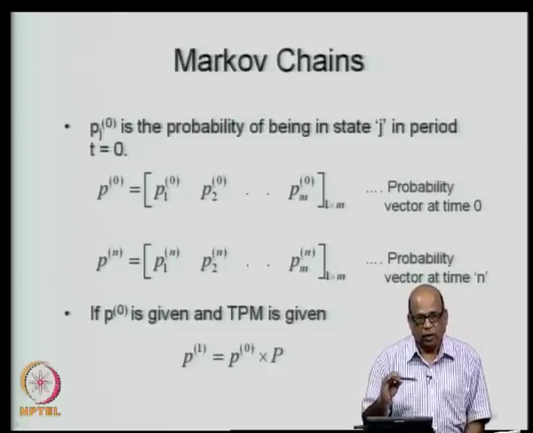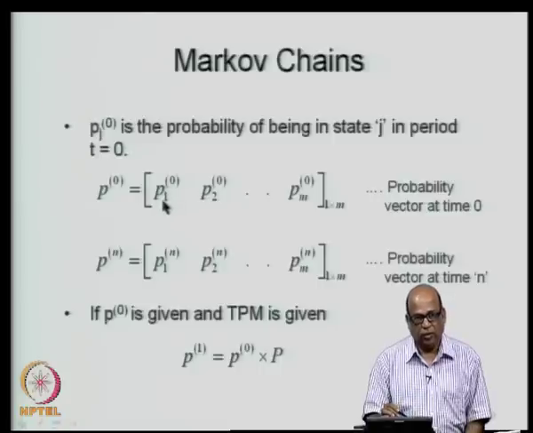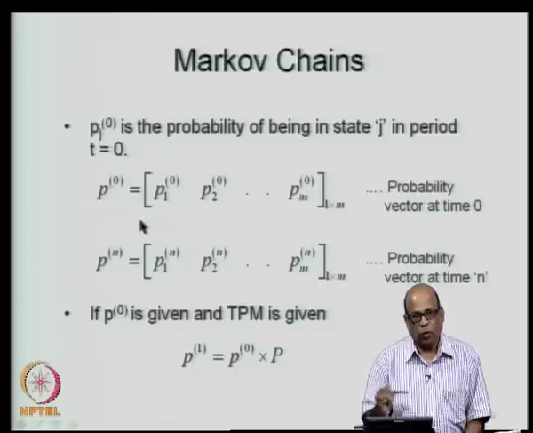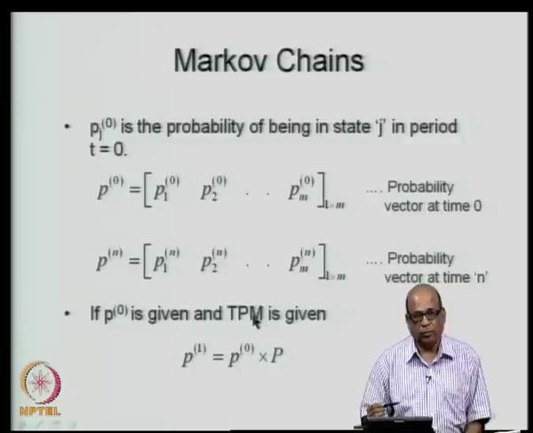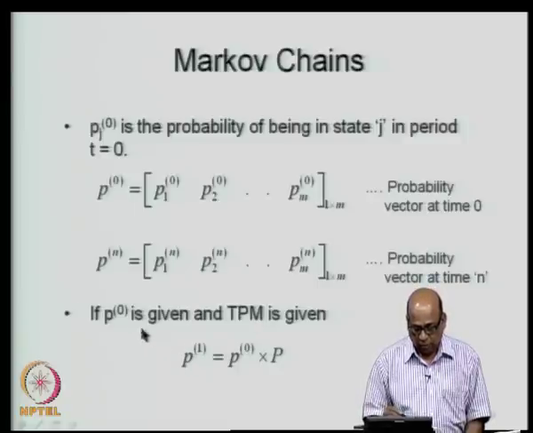So, given any state in time period 0, you go to any given state with the associated transition probabilities, and therefore, the probability vector at time 1 can be related to the probability vector at time 0 as p^1 is equal to p^0 into P.